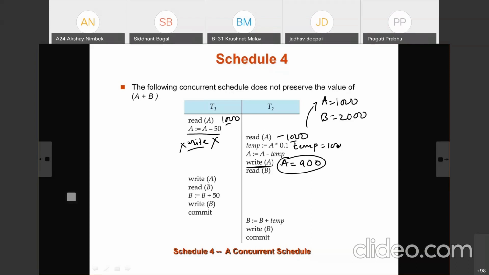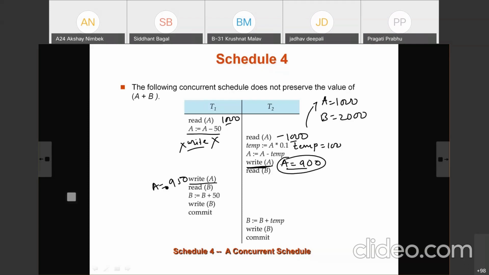Now here it performed the write A, so A is equal to 900. Correct? What value does T1 write now? 950, correct. So it writes the value of A as 950.